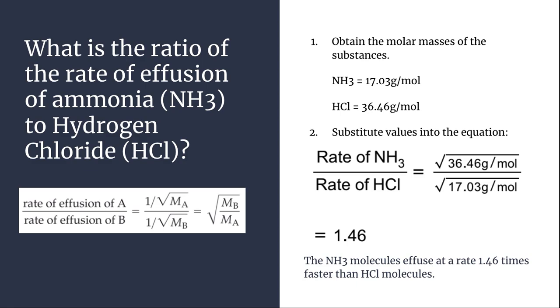So here we have rate of NH3 over the rate of HCl. Remember that B, which is HCl, is over A, which is 17.03. After calculations, we get 1.46. Therefore, the ammonia molecules effuse at a rate 1.46 times faster than the HCl molecules.